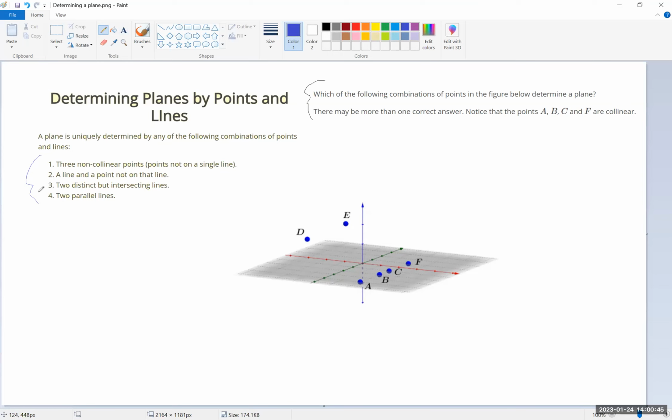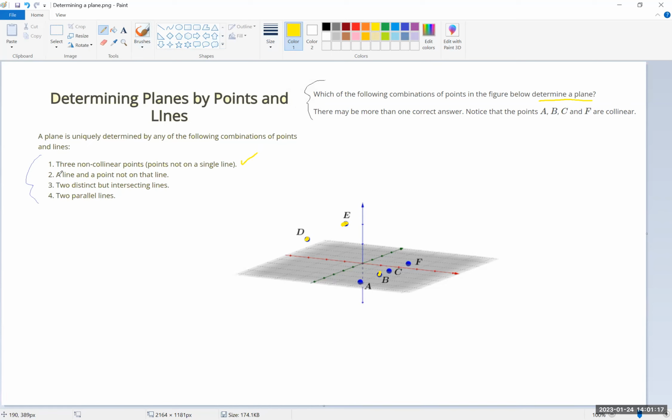So you could choose any three, and let's go ahead and use yellow maybe to highlight them. And so, it could be D, E, and any one of these, say B. That would determine a plane, and that would meet that definition.